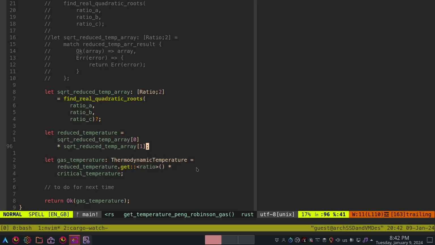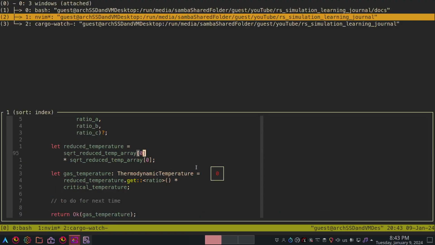Because there are two roots, we could have two possible values of the square root of reduced temperature. So I'm not supposed to do this, I'm supposed to do this: either have both of them 0 or both of them 1. This is something I need to do later on, but let me try both of them 0 first.